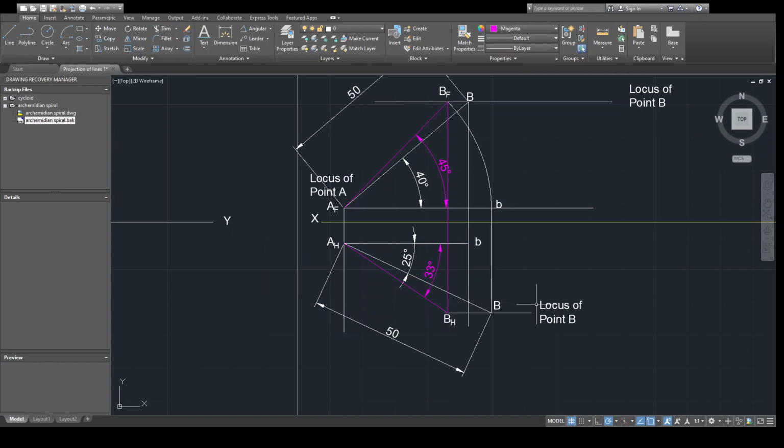Remember, true length is always higher than apparent length, and apparent inclinations, that is 45 degree and 30 degree, are always higher than the true inclinations. So this is a simple method, that is rotation of line method. You can find out front view and top view. So practice same problems. I will upload more problems for practice.